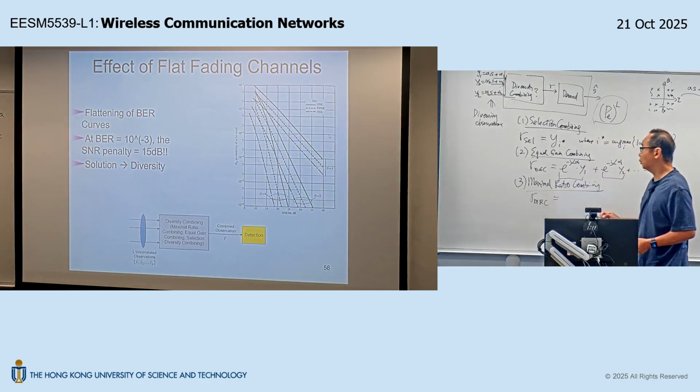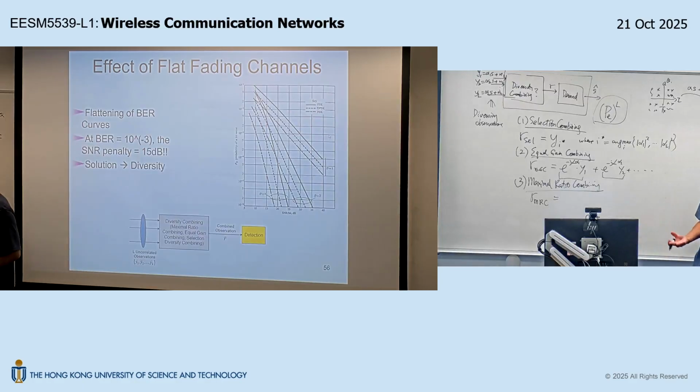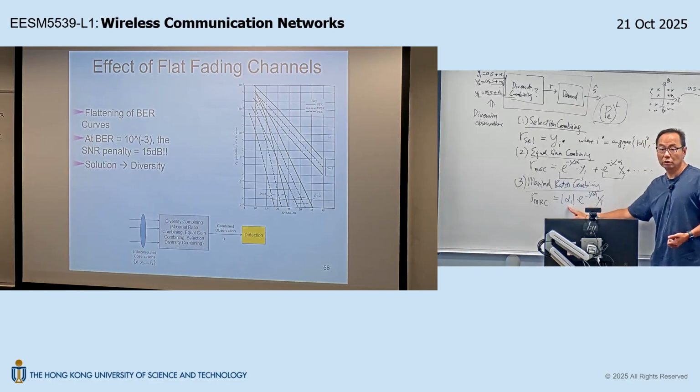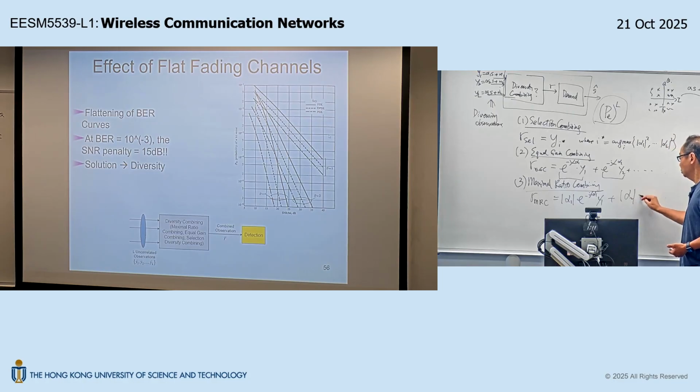It's simply given by the weighted sum, weighted by the reliability. What represents the reliability is the magnitude of alpha. So what you do is the magnitude of alpha 1, e to the minus j alpha 1, y1, so do a weighted sum, weighted by this magnitude, plus magnitude of alpha 2, e to the minus j alpha 2, y2, etc.